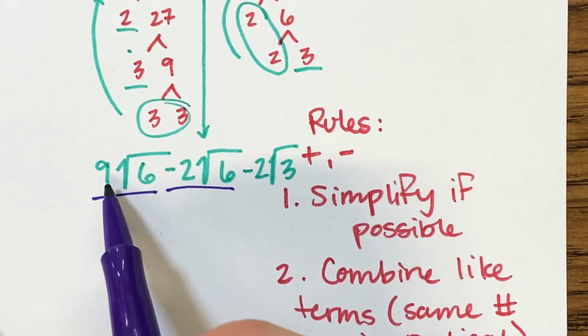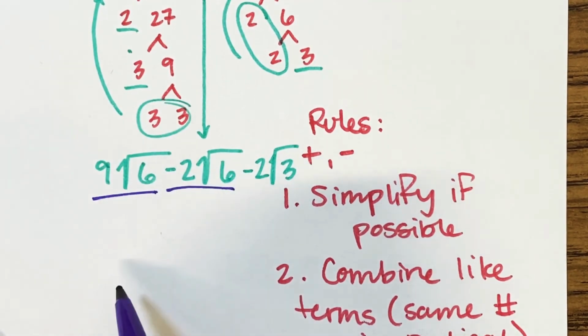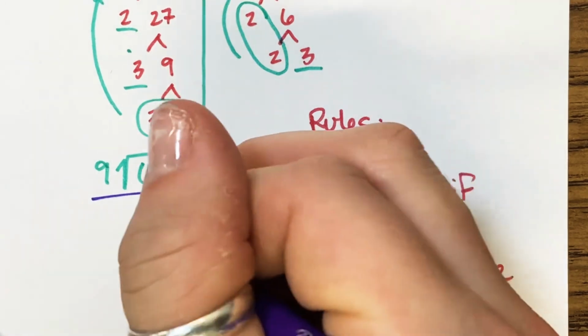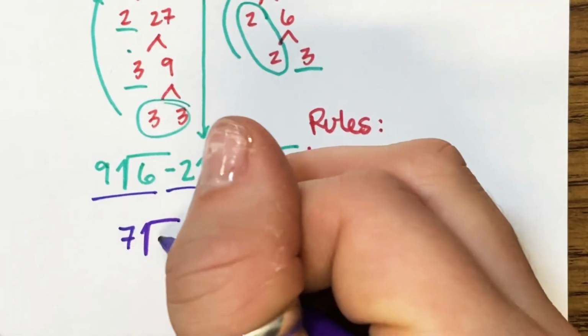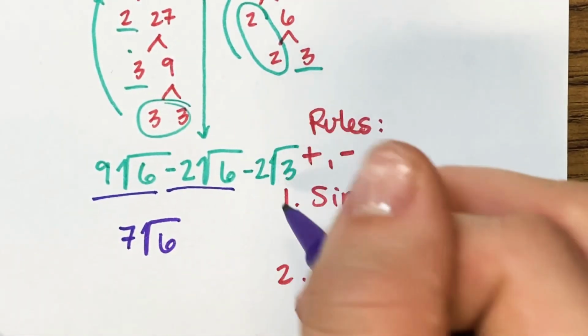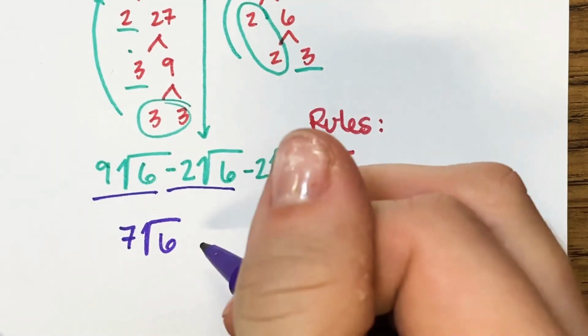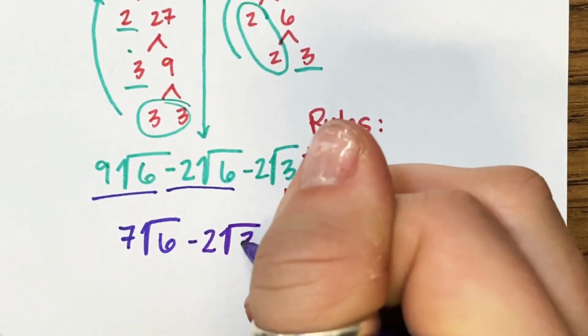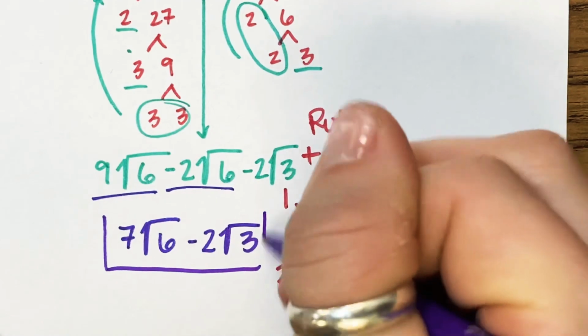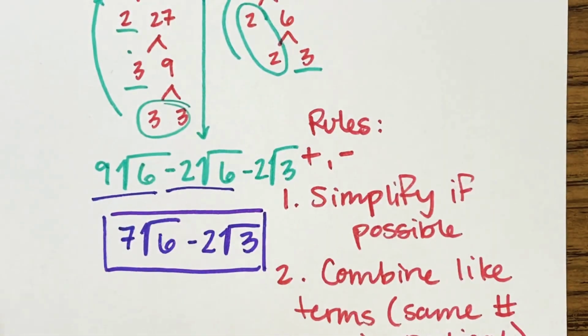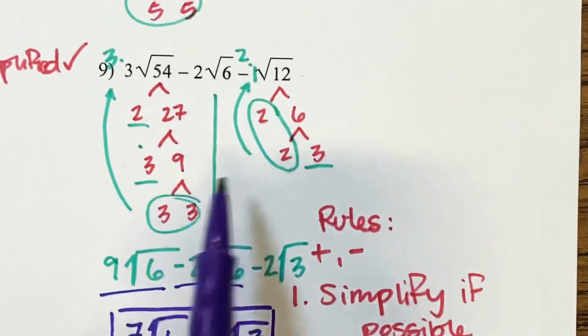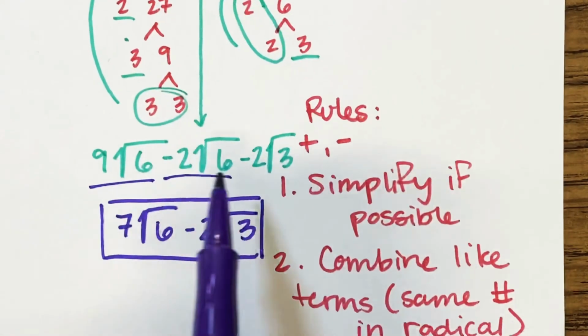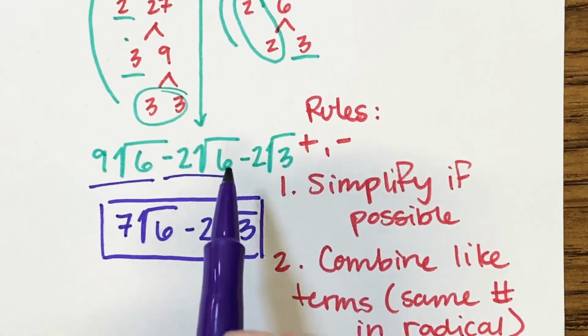So what is 9 minus 2? It's going to give me 7√6s. Okay, and since we cannot combine it with -2√3, we just put it on the end. -2√3, and there is our answer. So we had to simplify, then we had to combine which ones had the same numbers under the radical.